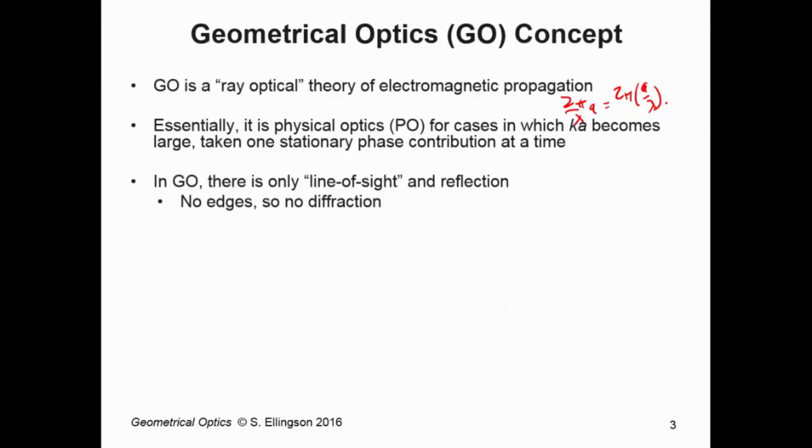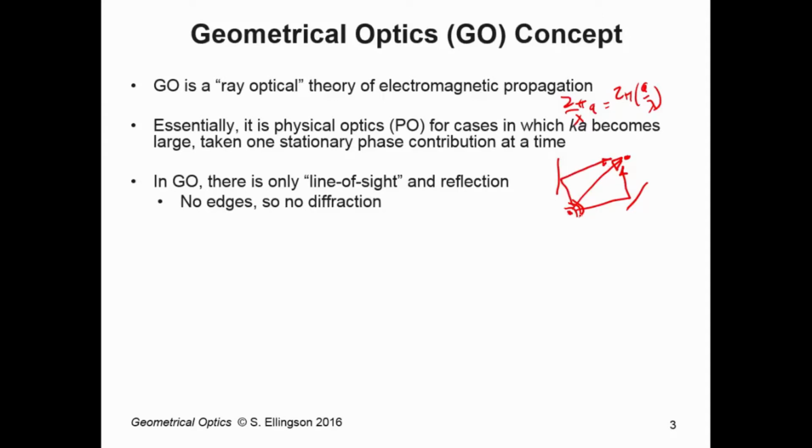In GO, there's only two things that can happen. You can have line of sight propagation, that is propagation from point to point directly, or you can have reflection. So if you have 2 points, a transmitter and a receiver, and some surfaces out here, the things that can happen are that you can go line of sight, you can have reflection, and you can also have reflection over here.